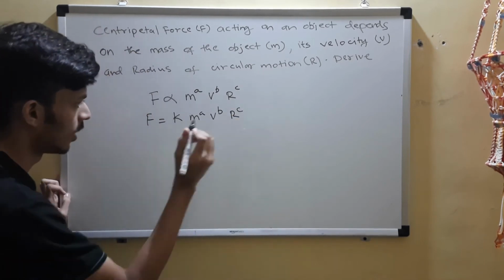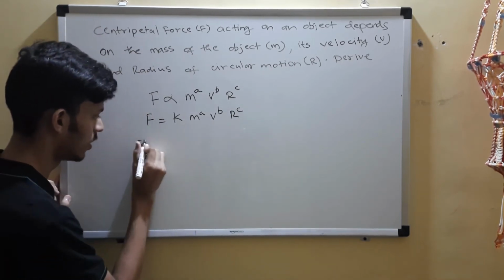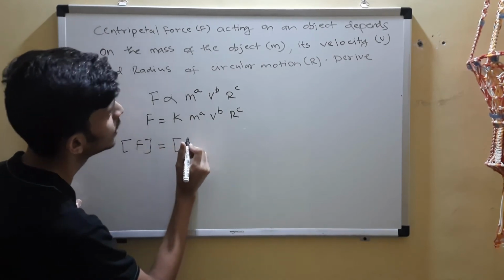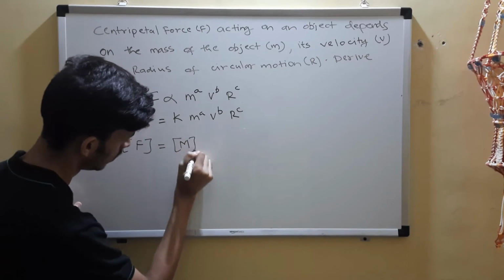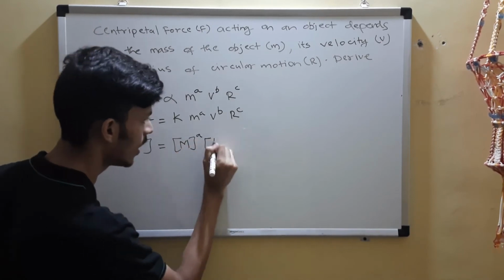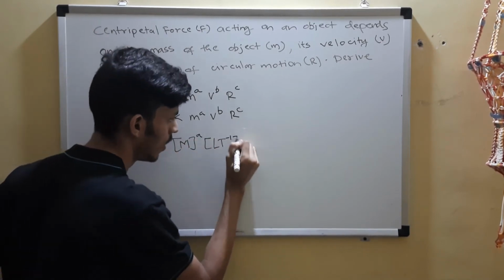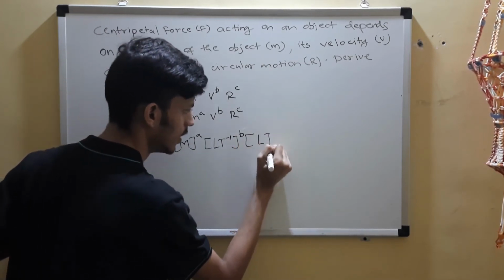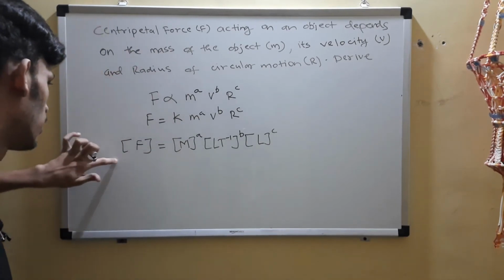Now take dimensions. The constant is dimensionless, so it flies off. m is raised to a, mass doesn't make any difference. Velocity is L T raised to minus 1, raised to b, and finally radius, which is L raised to c.